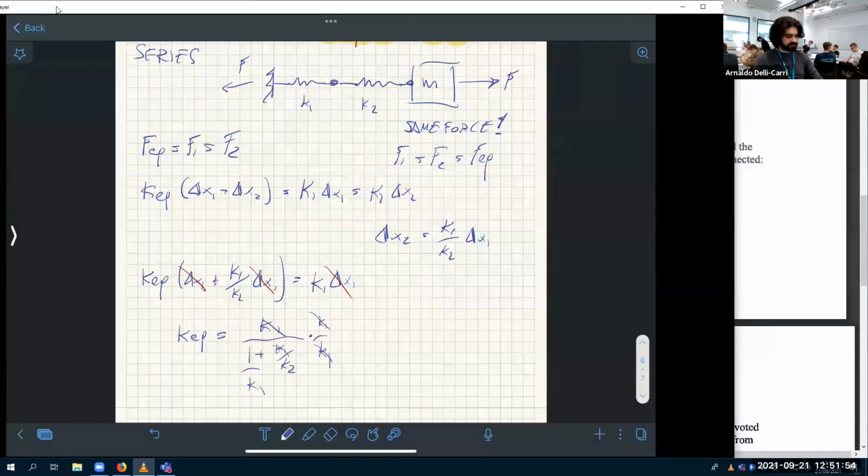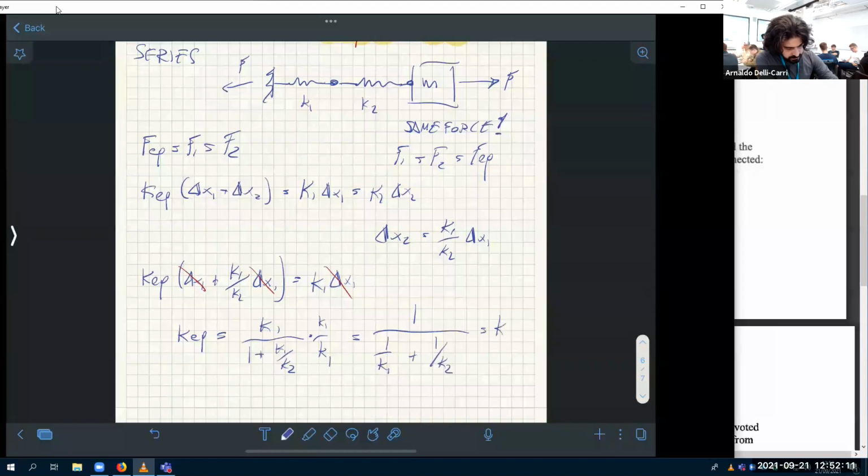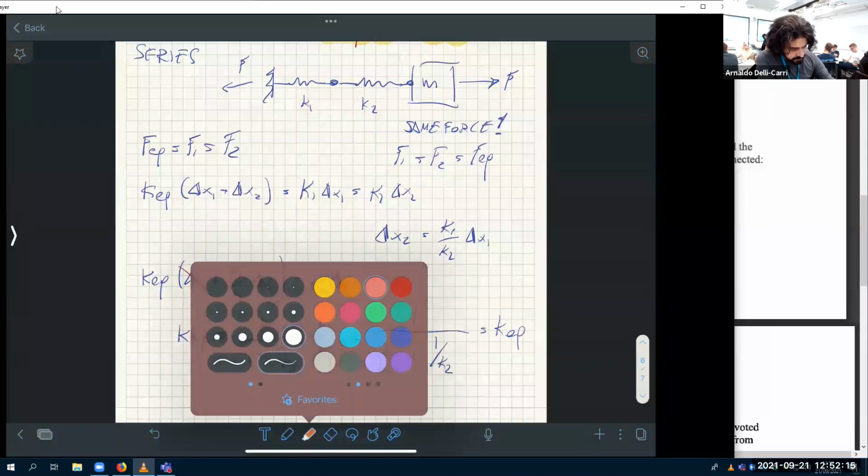Okay, I know it's a bit fast, but in the end, if you multiply and divide everything by K1, you get 1 over K1 plus 1 over K2. And this is exactly the solution for springs in series.